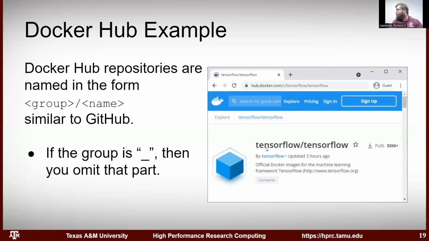So here's an example on the right where the TensorFlow organization, that is the developers of the TensorFlow software, have built an image that contains the TensorFlow software. And so the name of the organization and the name of the image are both TensorFlow. TensorFlow is an AI framework for Python, for those of you who are into that.